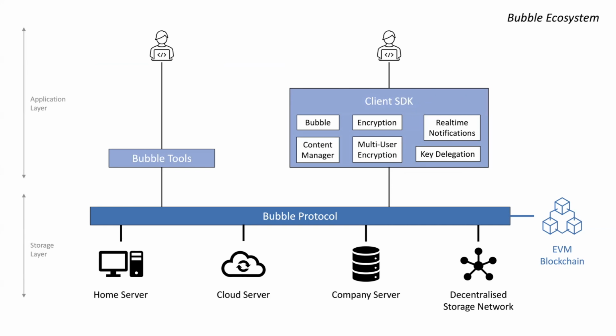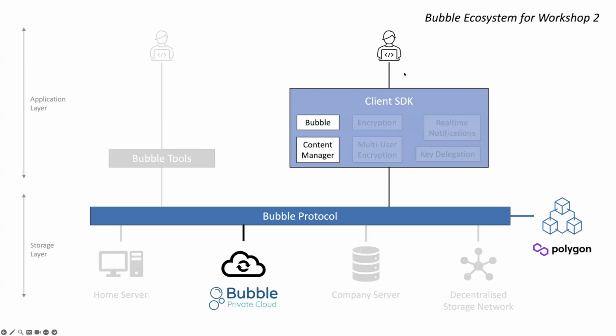So bubbles can be stored on home servers, cloud servers, company servers, or decentralized storage systems. In the first workshop, we used Bubble Tools on the left to interface with our protocol. In this workshop, we're going to be using the client SDK.